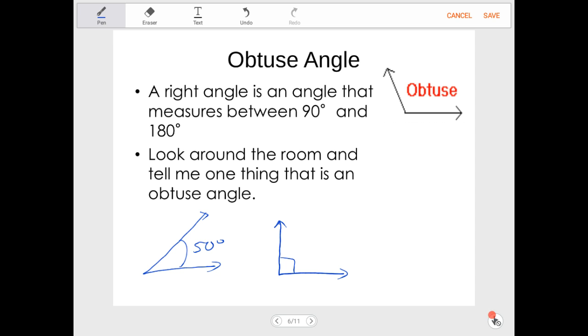An obtuse now goes, we're kind of rocking this the other way, so it would be like this, where the angle is now greater than 90 but less than 180, so that would be a bigger angle, let's say 130 degrees. Okay, so now we have a right, we have an acute, and we have an obtuse. And you do need to be able to look at or measure angles and state which one they are.